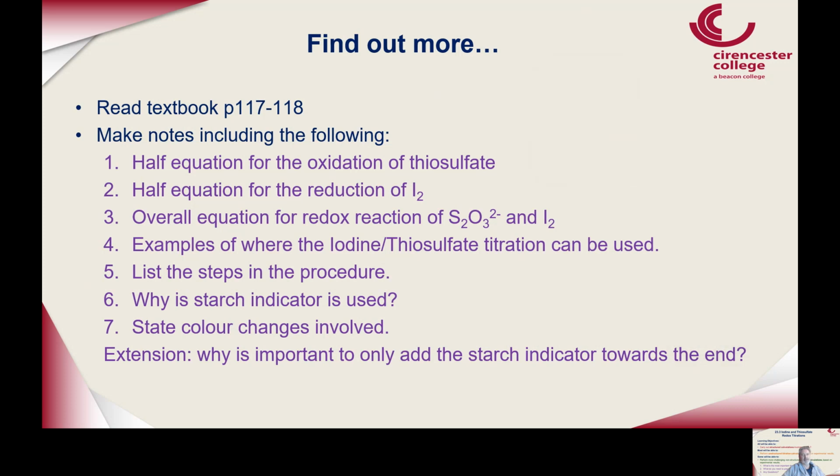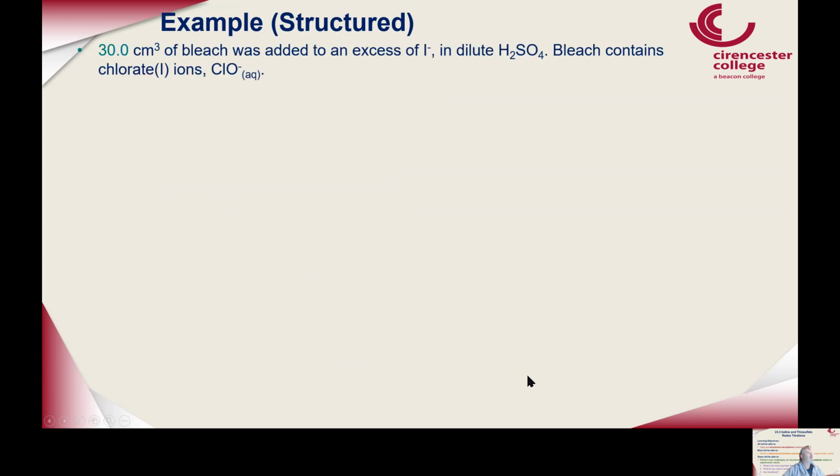Okay, so you should have made lots of notes about this. And we're going to go on and see how we could work out an equation of how this works. So, for instance, 30 centimeters cubed of bleach was added to excess iodide in dilute sulfuric acid. Bleach contains the chlorate ion. So is this going to be an oxidizing agent?